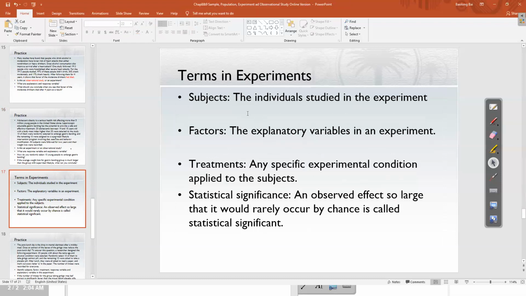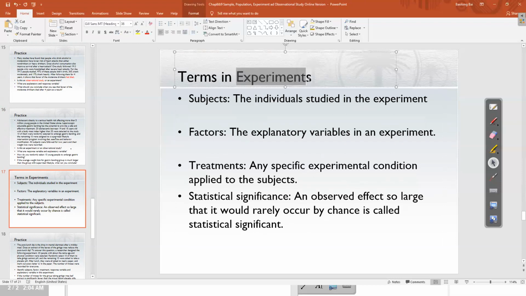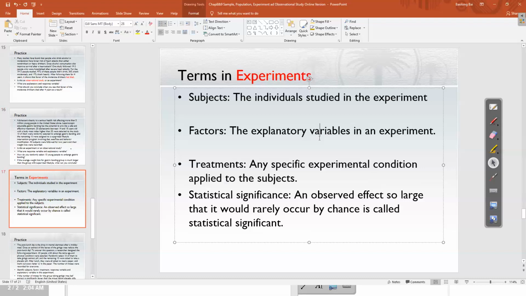So here are three terms that exist in experiments. Most people want to do experiments because they're more powerful. But sometimes experiments are hard to do because there are some laws against it. You can't really use human subjects for an experiment if the experimental condition will harm people, right?